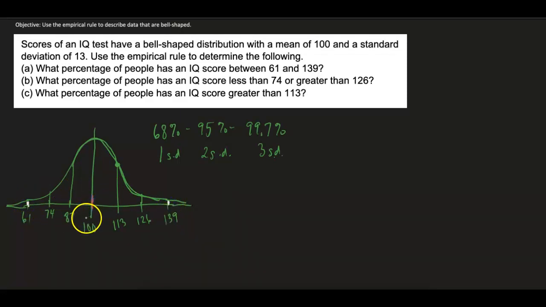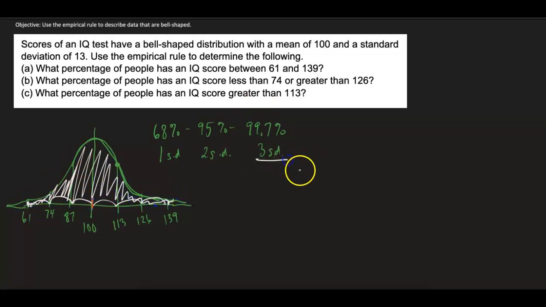Count how many standard deviations from the mean you are when you're at 61 or 139. It turns out both of these are 3 standard deviations away from the mean. So this represents all of this area within exactly 3 standard deviations from the mean in both directions. So the answer to that first part is 99.7%.